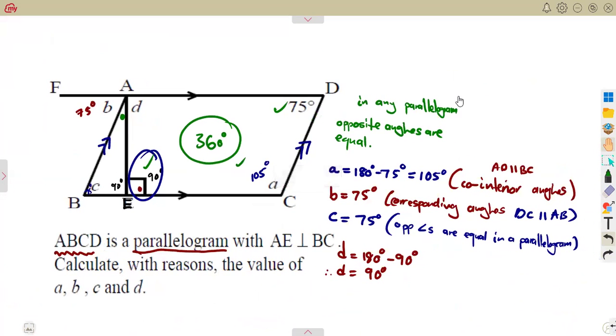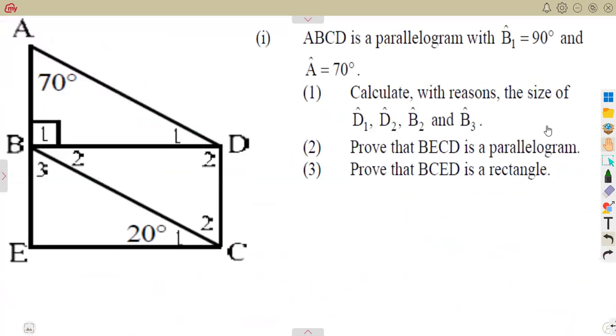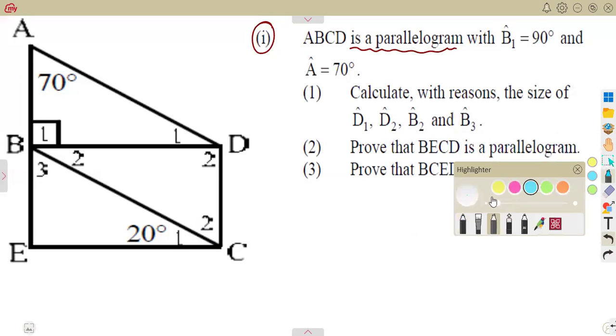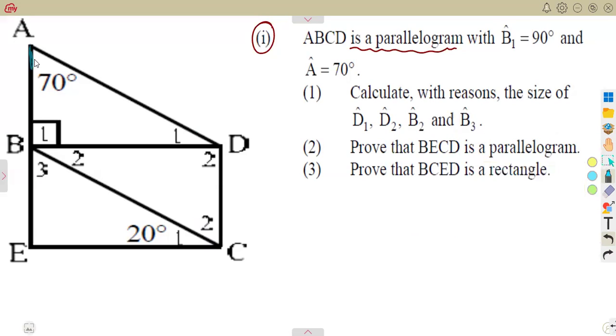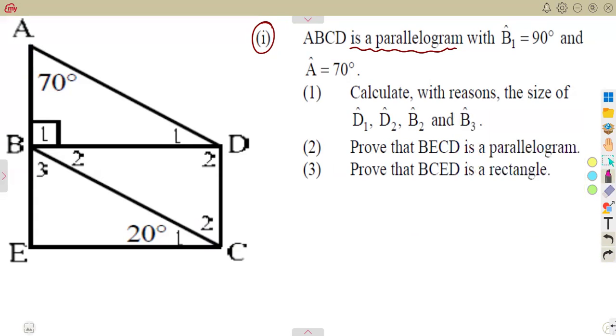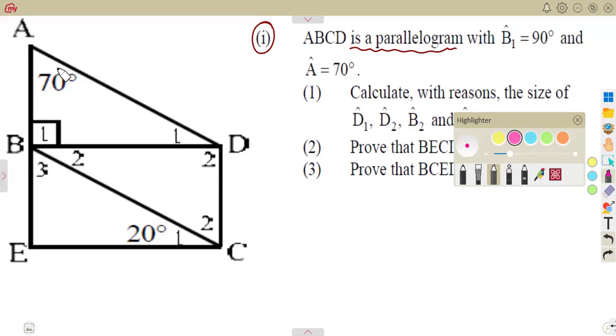There is another question here that we need to consider. There we are given, that is item 1, ABCD is a parallelogram. So there we are given A to B to C to D. Let me just try this one, guys, so that we properly see.